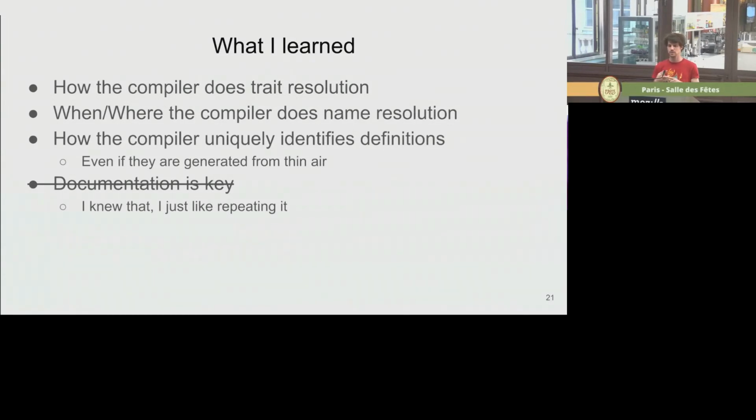Another option is to use something completely different, for example reuse the type alias syntax. So instead of writing existential type T colon some trait, you would write type T equals impl trait. So you would be reusing the impl trait syntax. There's been some confusion about whether that would be confusing for beginners or actually easier for beginners, because people have actually been trying to use the syntax just because they assumed it would work.